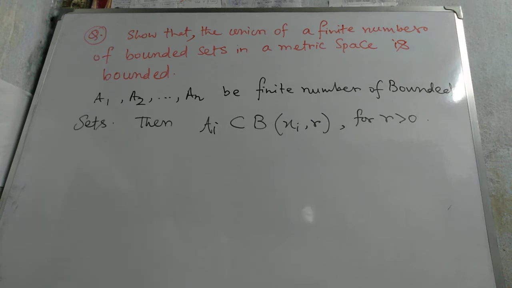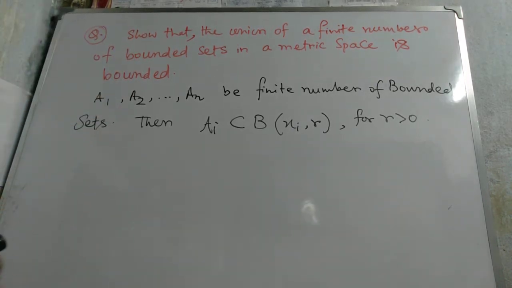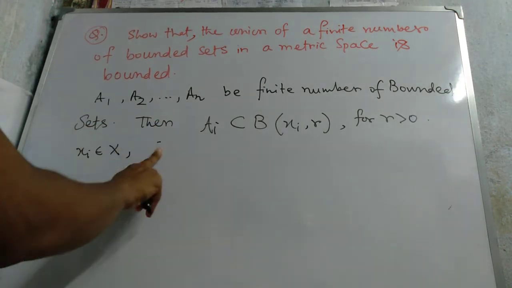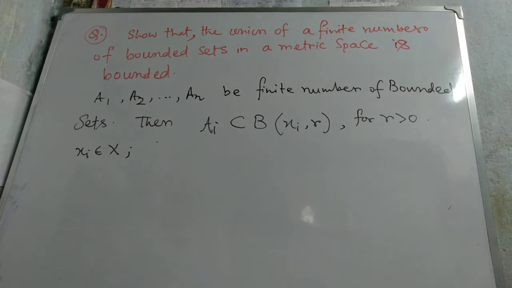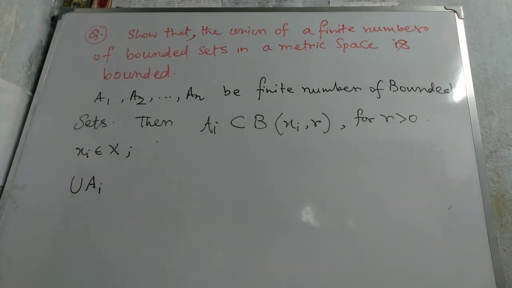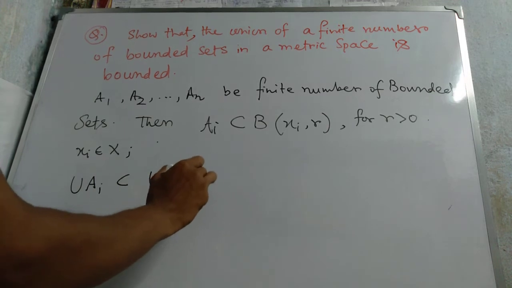Any problem here? I think not a problem. Or we fix one x0, then it is fixed xi, where xi belongs to X and r greater than 0, and this one holds. So the union of a finite number of bounded sets, that means the union of Ai is a subset of the union of B(xi, r).